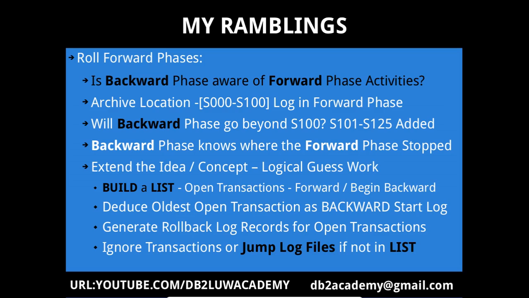The backward phase need not go through again from 0 to 100, scanning all those log files. It can start from the oldest open transaction, because that is where your actual rollback or undo activity starts, right?